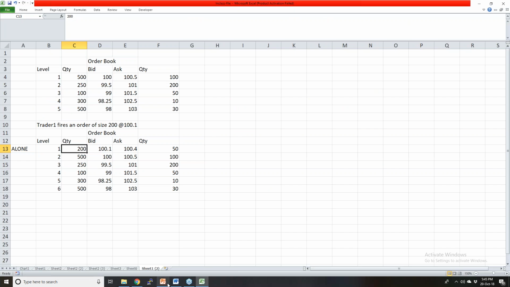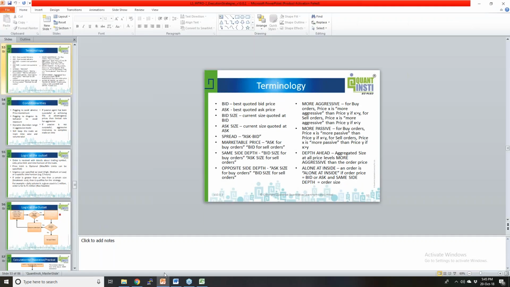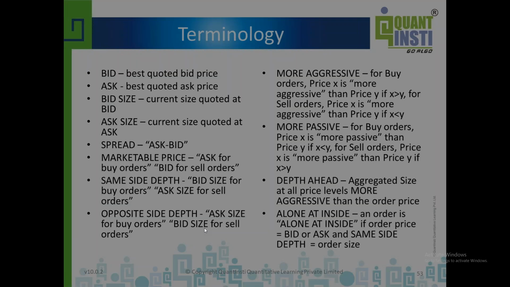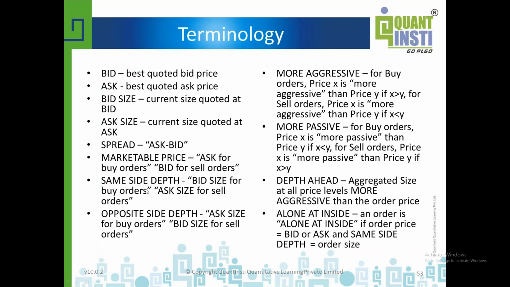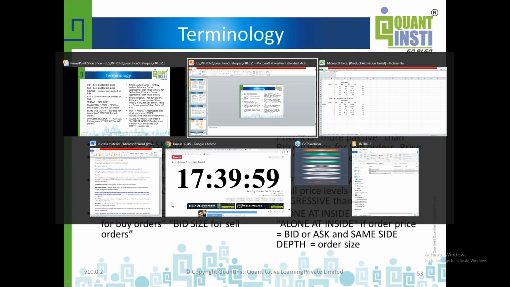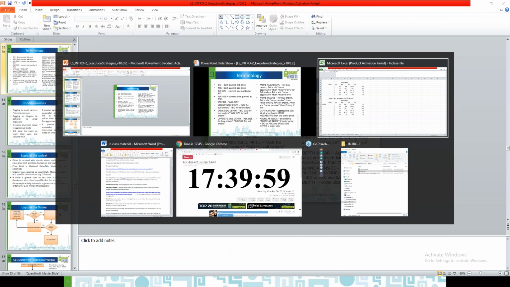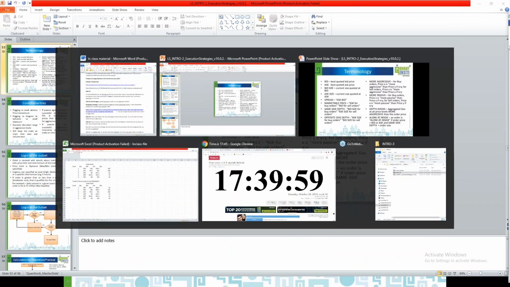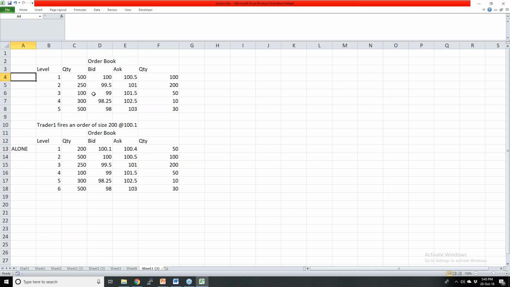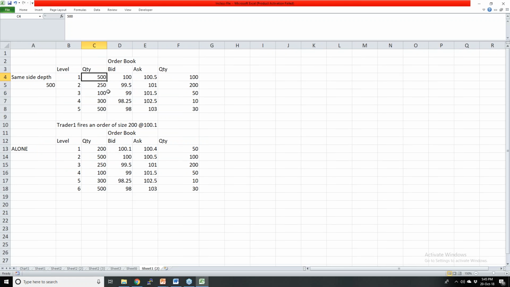Same side depth is nothing but the bid size for all the buy orders. Same side depth is 500 here, because at level 1 it is mostly quoted at the best bid.